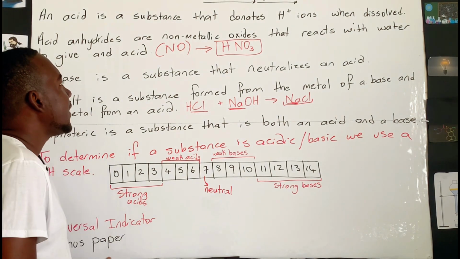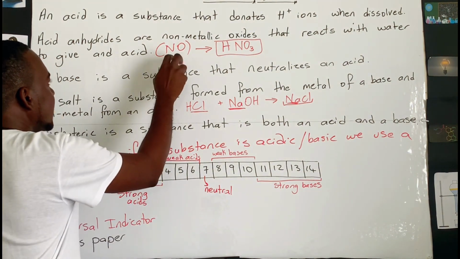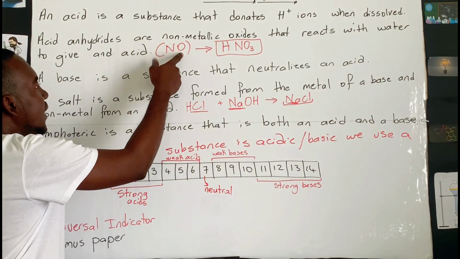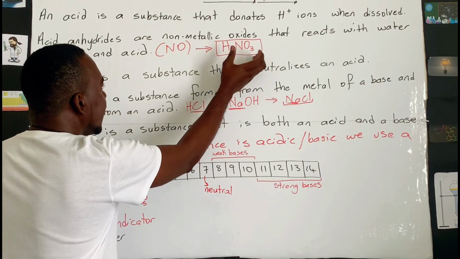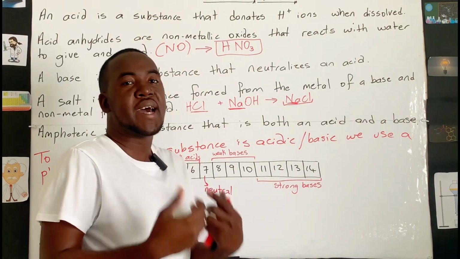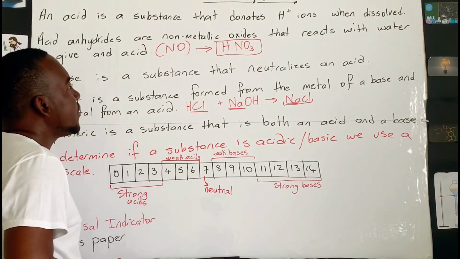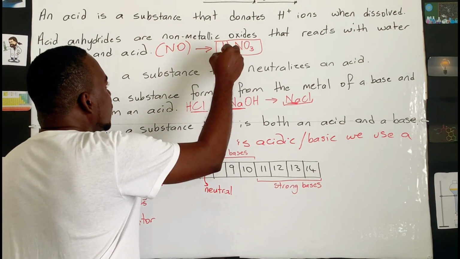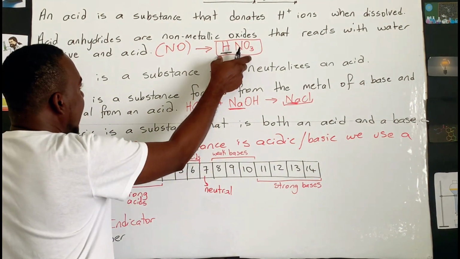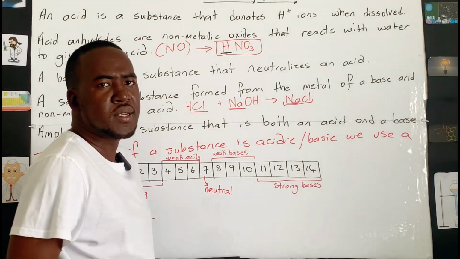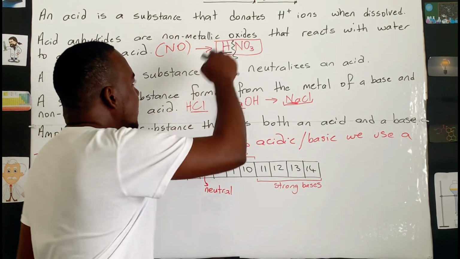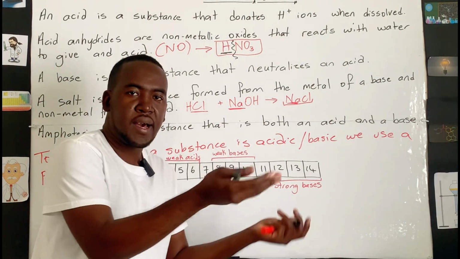So it's a non-metal oxide: nitrogen is a non-metal mixed with oxygen, and when we dissolve it in water, it gets the H from the water, and hence now we have an acid. Notice here that there is an H in this acid. So if we mix this acid with another substance, it will break apart and give this hydrogen as a free ion.